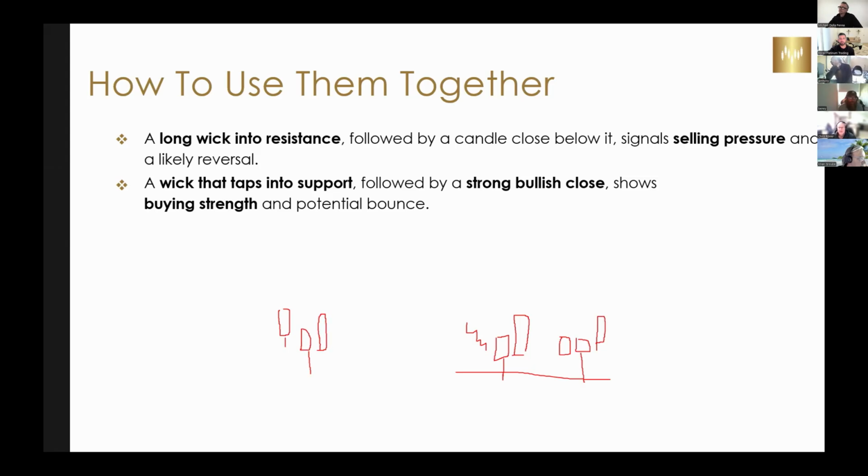That's a reversal, yes, but that candle there doesn't really give us context. What will give us more is the wick breaching or touching the level of support and then seeing a big, stronger close after it.